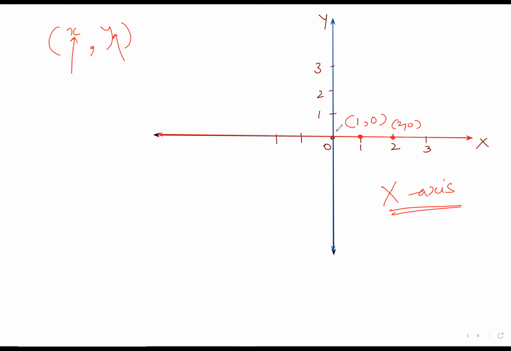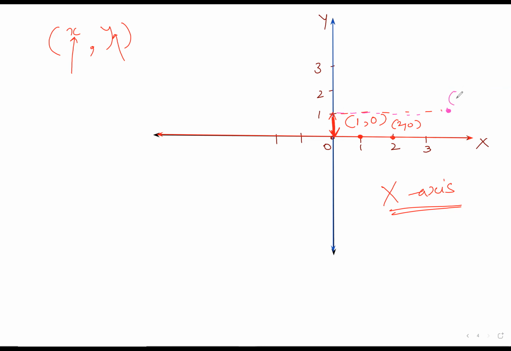Y is going to be 0, because you can see the distance from the origin here. The value of y, if something lies at this level, we change the color. So if something lies at this level, the value of y of any point at this level is going to be 1.